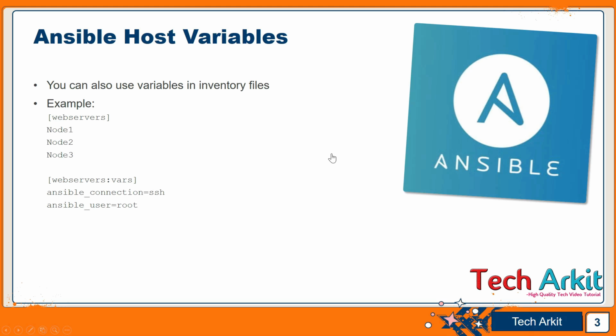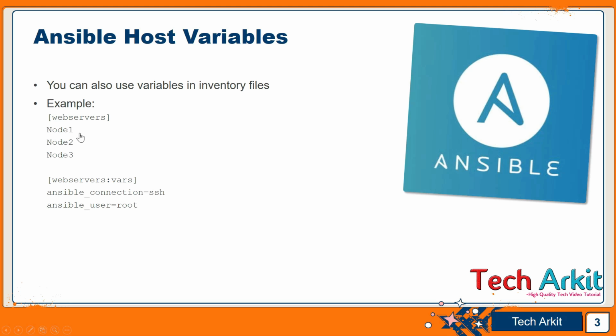In inventory files, if you want to use variables, here is an example. You can use variables in inventory files for common features of the web servers. Here I have web servers node 1, node 2, node 3. For all three there are common variables: the connection is SSH and the user is root.